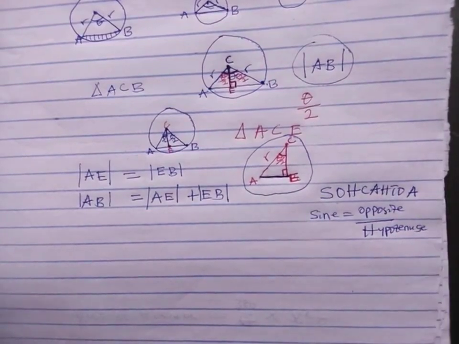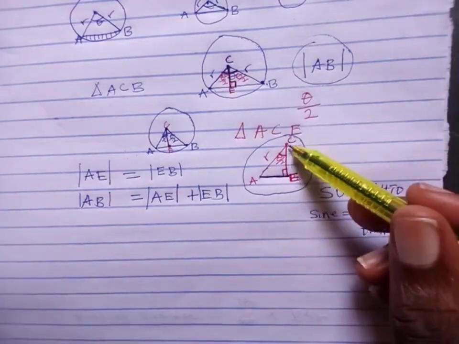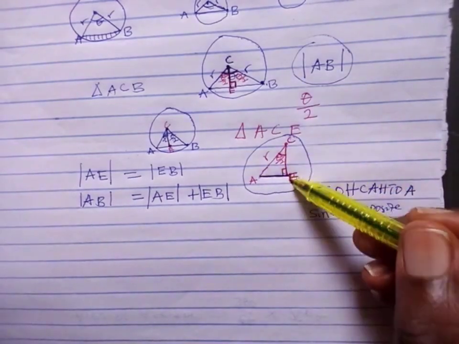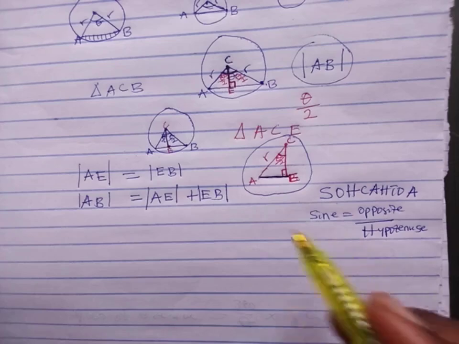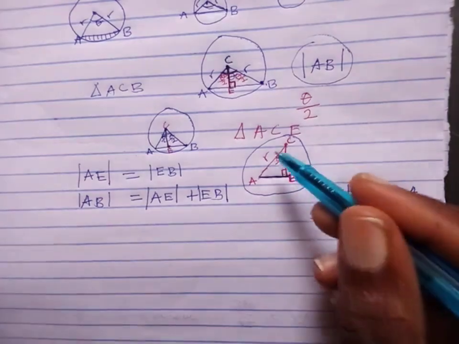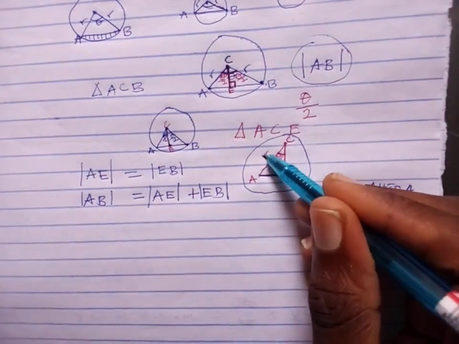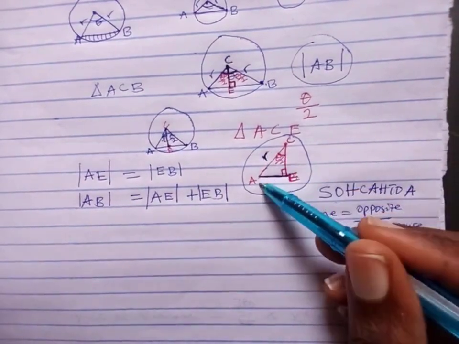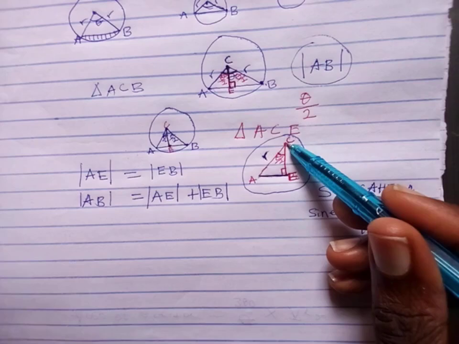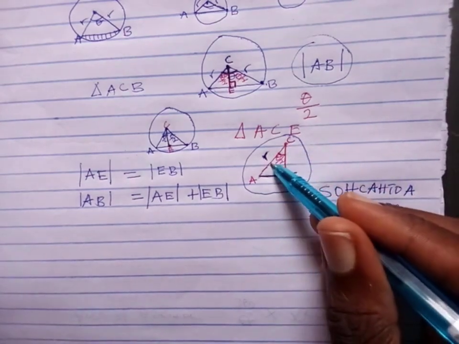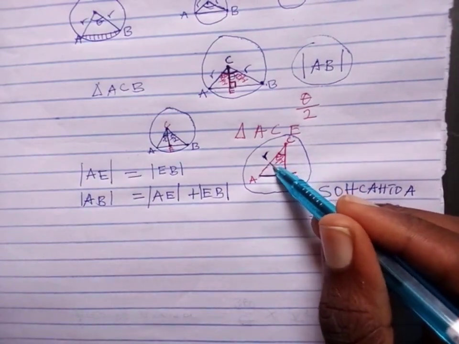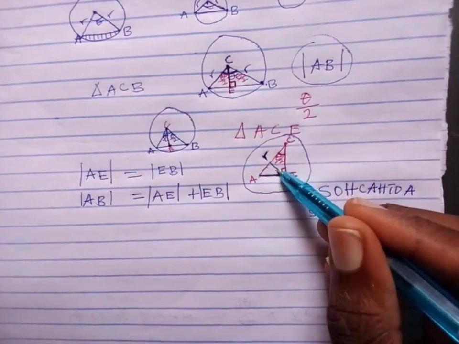Opposite over hypotenuse. If you look at this triangle that is formed, the hypotenuse is this line labeled R. That's the radius. Line AC is the hypotenuse. Why is it the hypotenuse? Because it is the side that is opposite to the 90 degree angle.